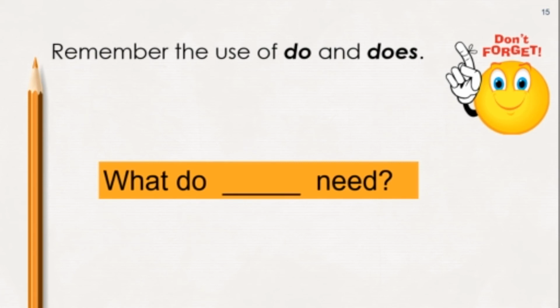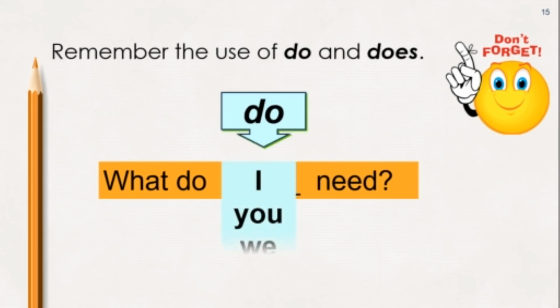These are some auxiliaries. So for the subjects I, you, we, they, the auxiliary we use is do. This is for asking in the simple present. What do I need? What do you need? What do we need? Or what do they need?